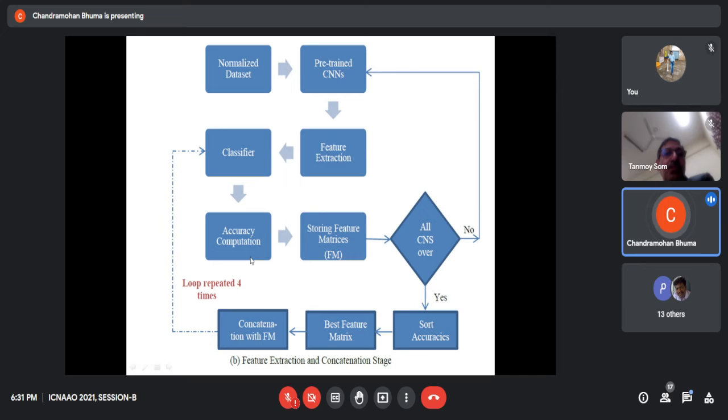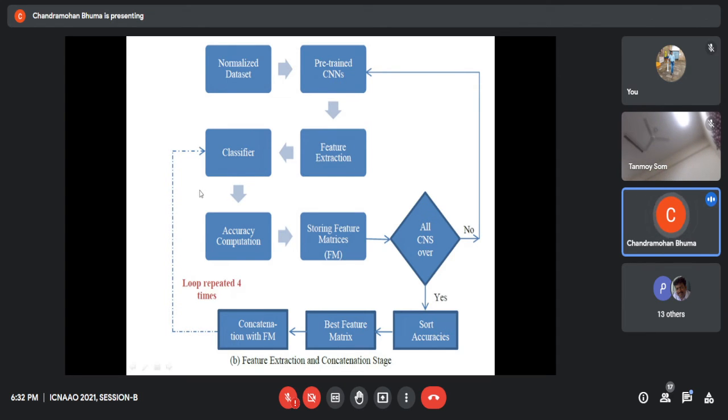Now, I have used almost 300 plus convolutional neural networks for experimentation. Each convolutional neural network is tested for classification accuracy and kept aside. The best one is chosen first, and the features of the remaining ones are concatenated with the best one, and this loop is repeated 4 times.